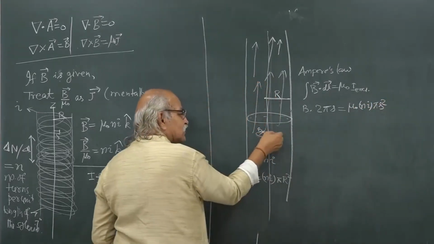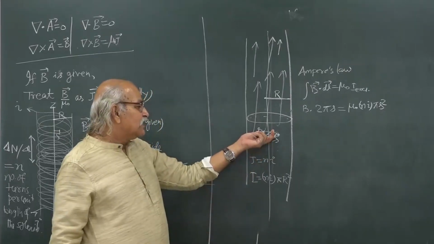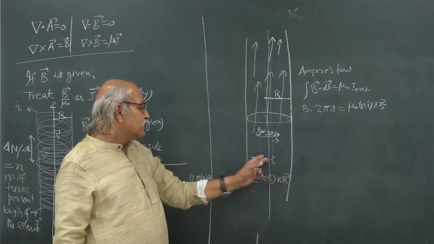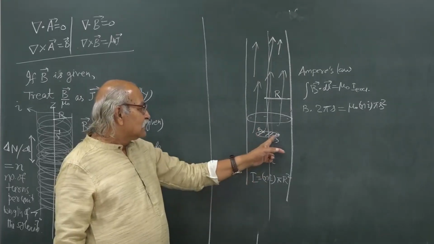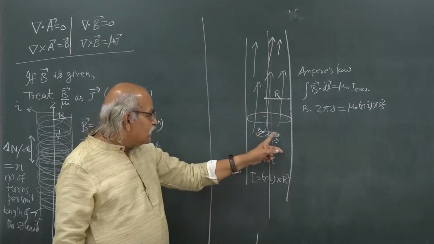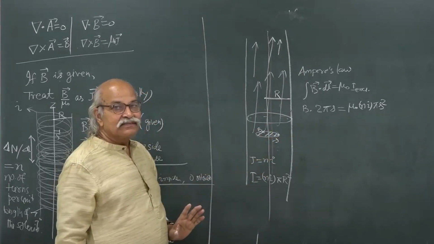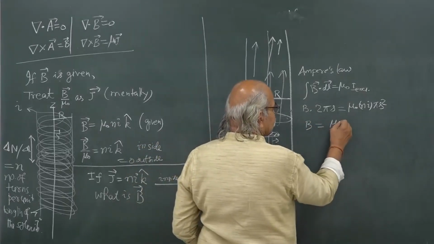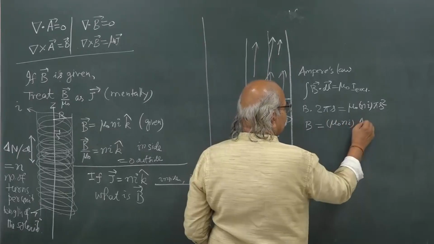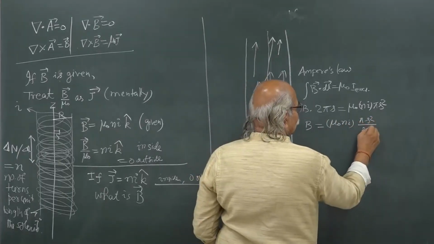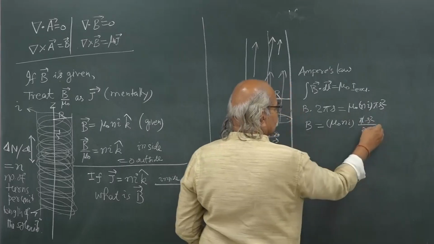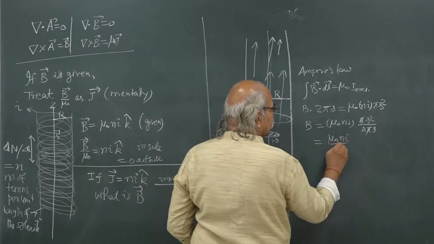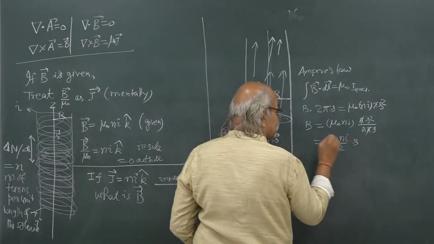This area is pi s square, and the current per unit area is Ni, the current density, and therefore this current density Ni times pi s square is the current enclosed. And so, B is equal to mu naught Ni pi s square divided by 2 pi s. So, it is mu naught Ni by 2 into s in phi cap direction.